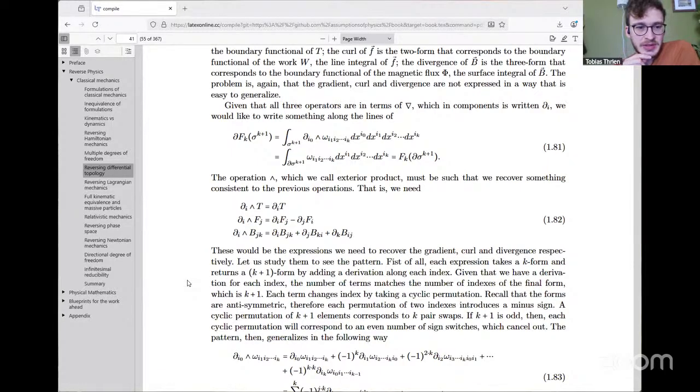Partial i wedge f_j, which is a vector or covector, is partial i f_j minus partial j f_i, antisymmetric. And partial i wedge b_jk, which is now a pseudo vector or 2 form.